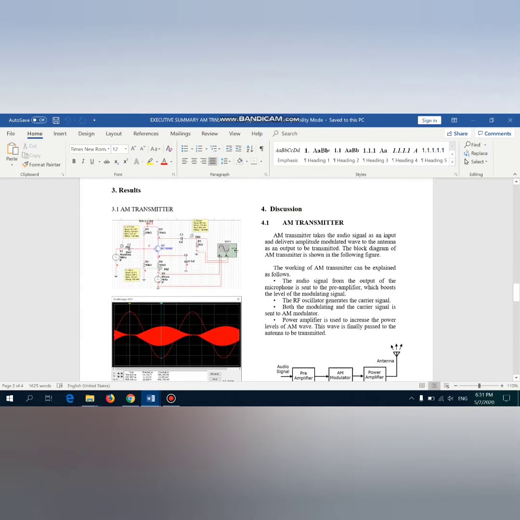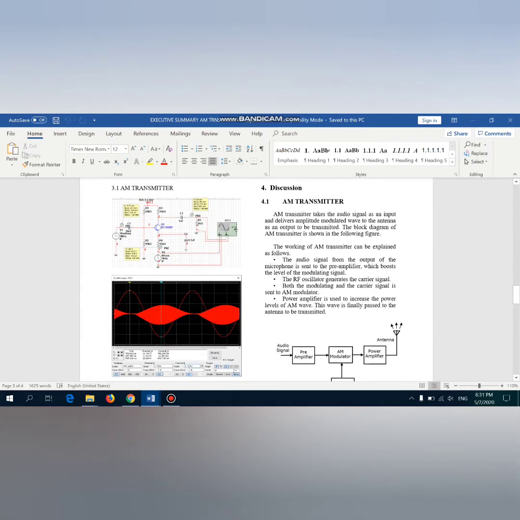Also, I'd like to present the result of this assignment. First is the AM transmitter. This is the circuit for the transmitter. Below is the waveform output of the transmitter.